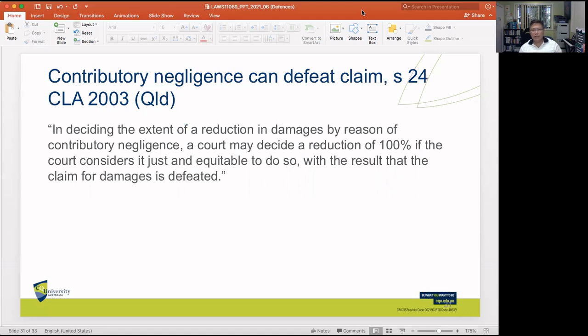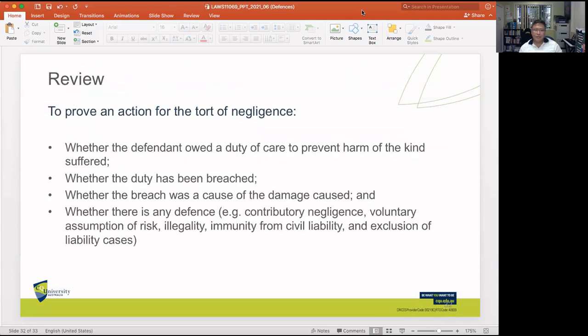Again, we also note that under Section 24 of the Civil Liability Act 2003 Queensland, it provides that in deciding the extent of a reduction in damages by reason of contributory negligence, a court may decide a reduction of 100% if the court considers it just and equitable to do so, with the result that the claim of damages is in fact defeated.